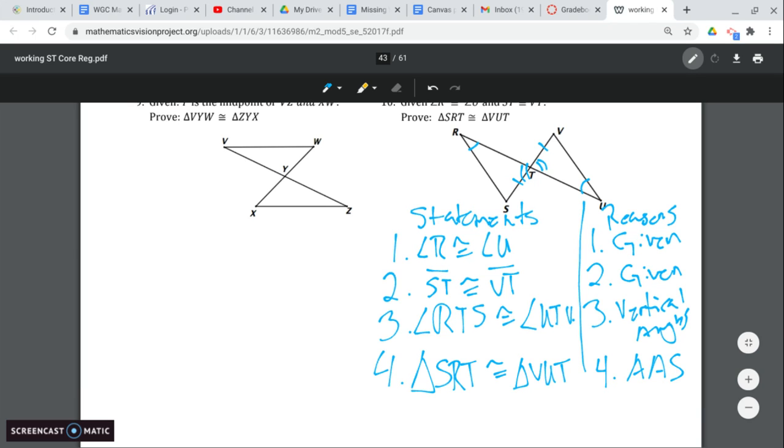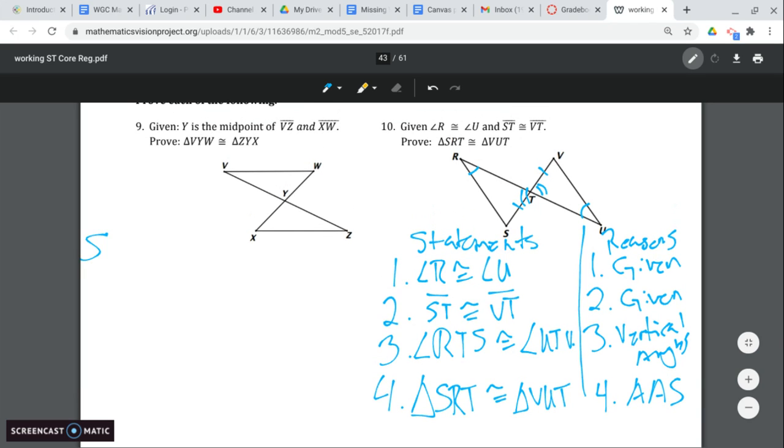So on the previous one, make sure you start with statements and reasons. Remember, this right here is going to go right here, and your reason will be given. Now, one thing I'm going to help you with is Y is the midpoint of VZ and XW.